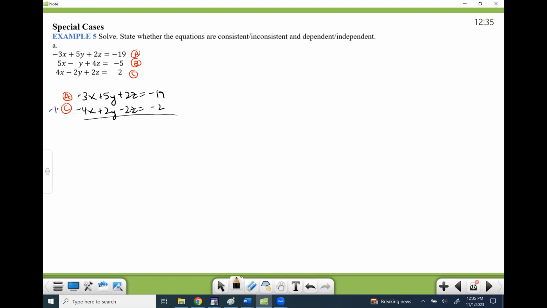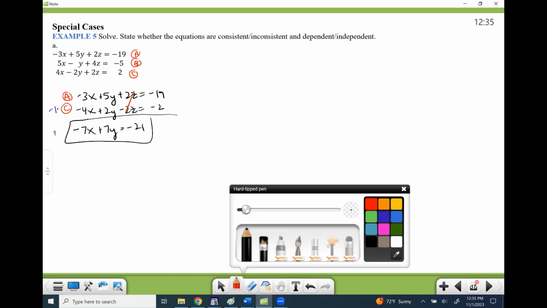And we'll add downward, and then those z's will go away. So we have -7x plus 7y equals -21. So that's going to be our equation D.